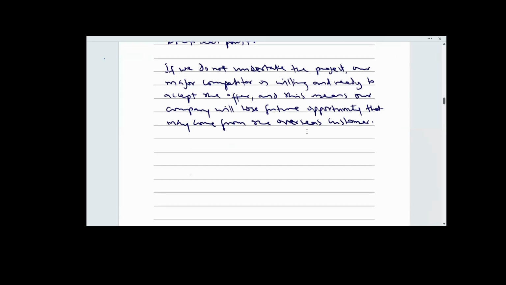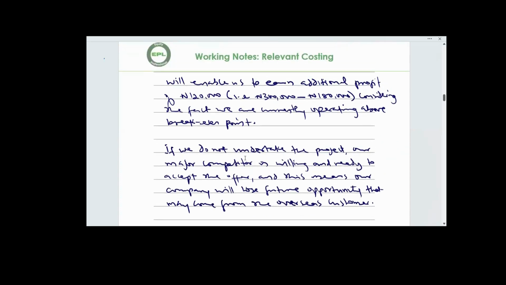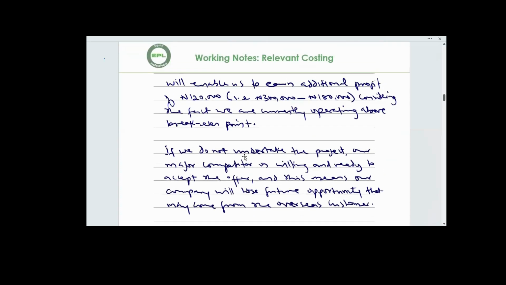So finally, in conclusion, you can then say, we've already advised that the company should accept the offering price. They should accept the contract at the offering price of 300,000 naira, because we are going to earn additional profit of 120,000, which is consistent with our policy of being a profitable organization, because we are currently operating at a point above break-even point.